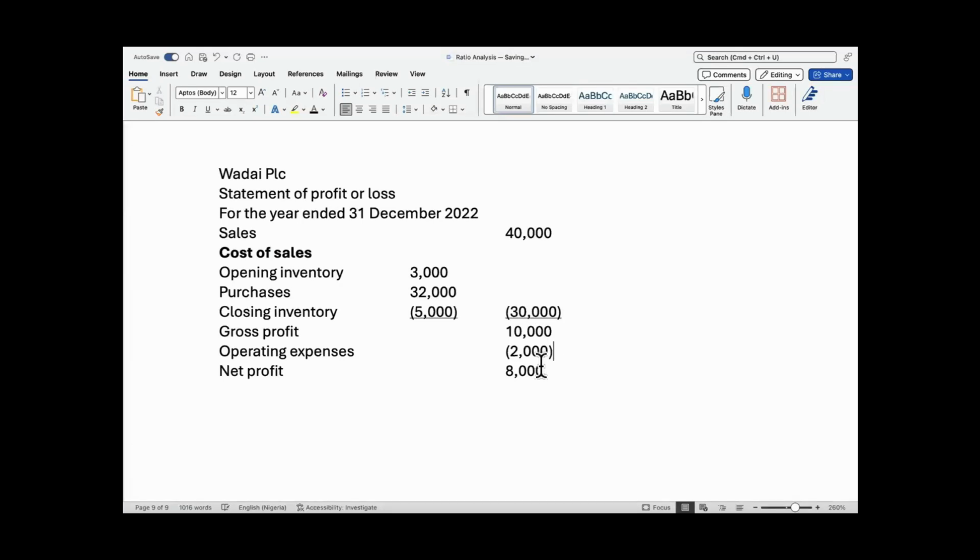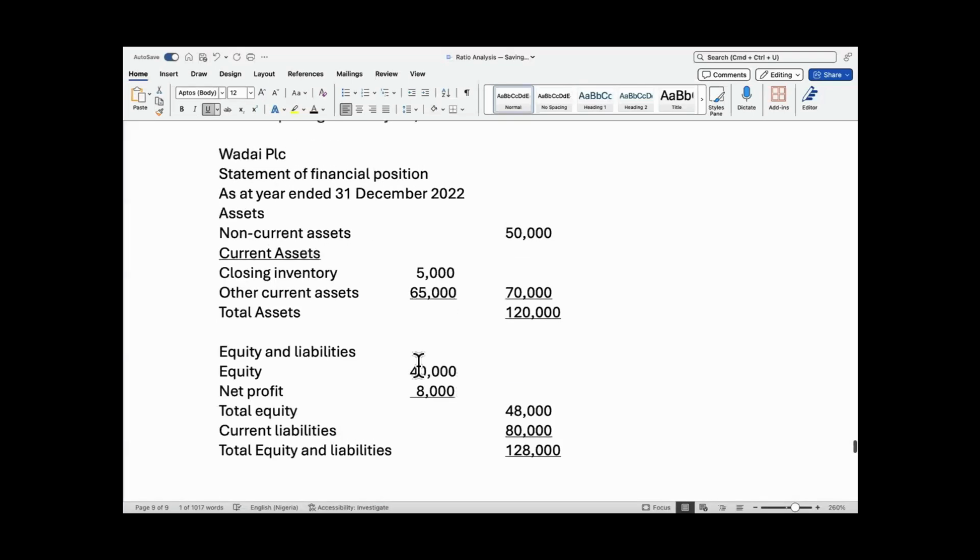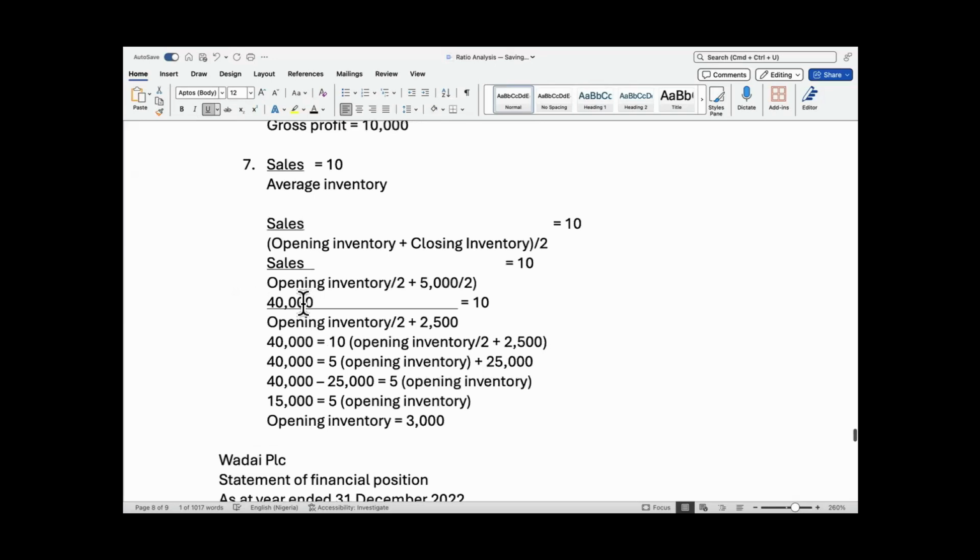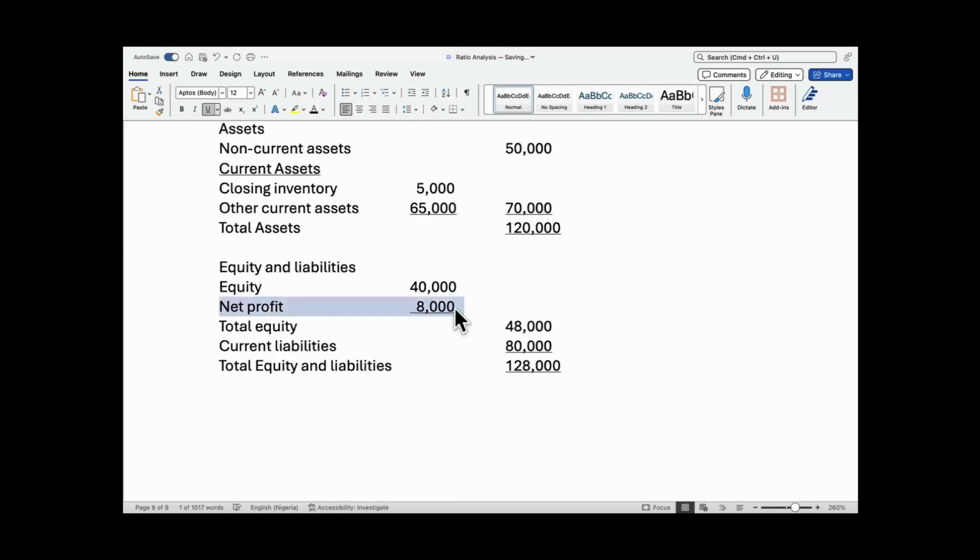Okay, then let me make this one balance. Ordinarily they have made a mistake in setting this question, but let me just allow it to balance. The examiner, when they worked back, assumed that net profit is inside equity.